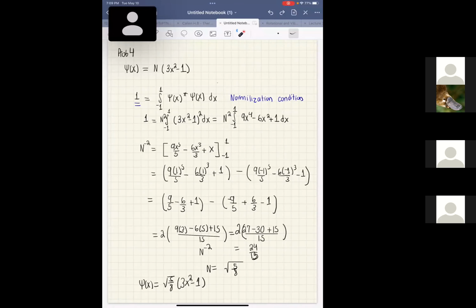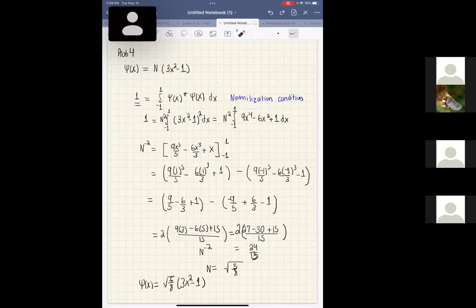And this problem 4 is a normalization problem. So this one you have to actually use integrals. So basically you have to just multiply a wave function by itself. Because there's no i parts, it's just literally the wave function squared. You're gonna have N squared out here. Normalization condition, it has to equal 1 for all space, meaning 100% probability of finding that electron when you look through all space.